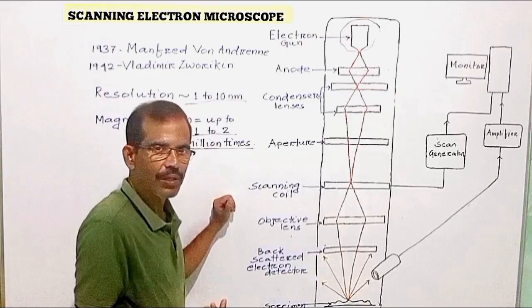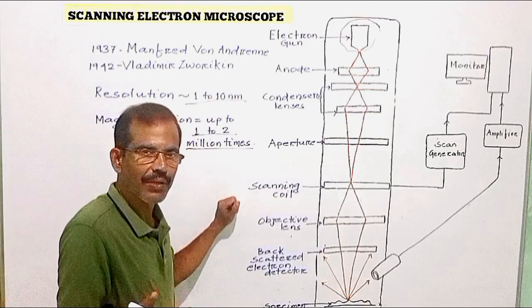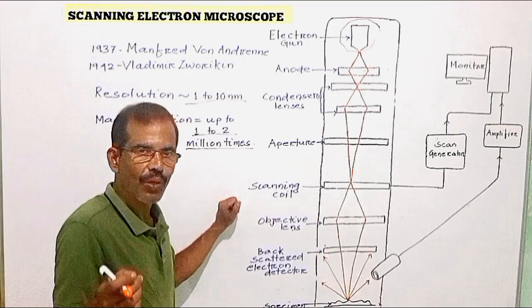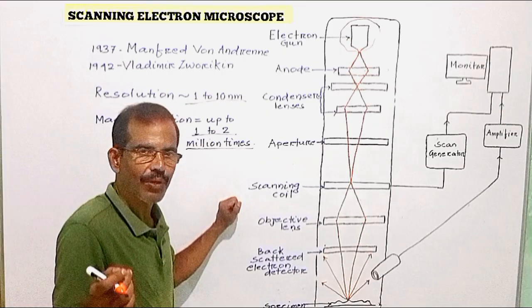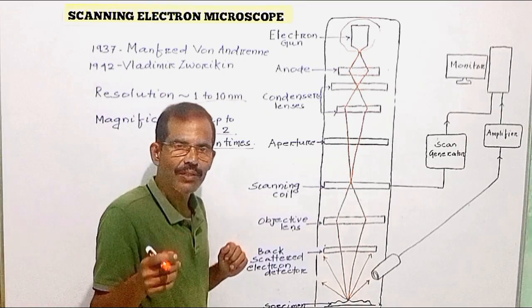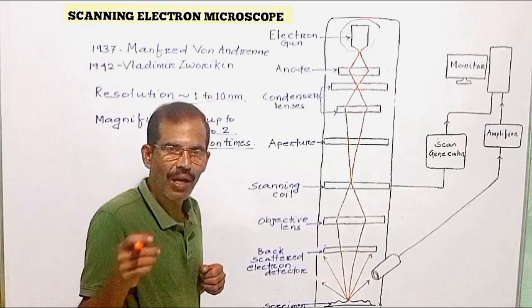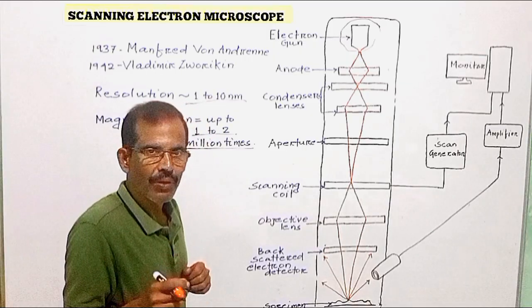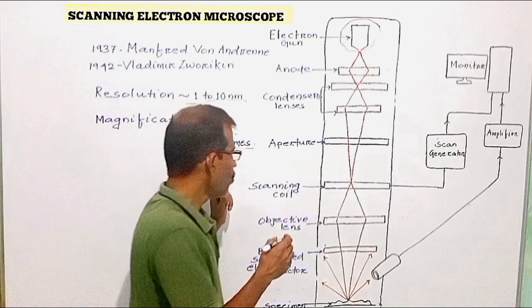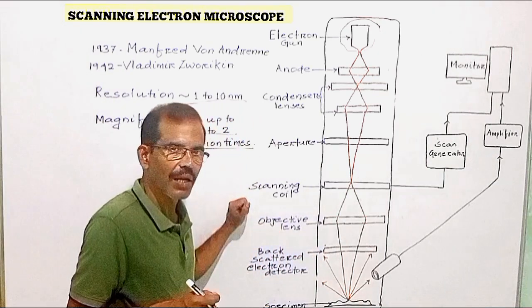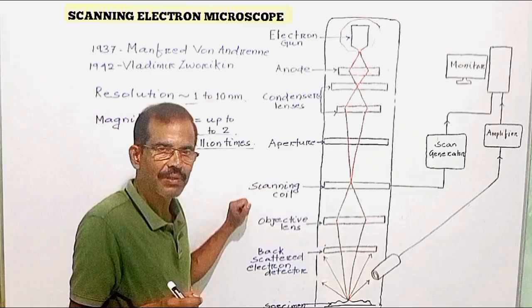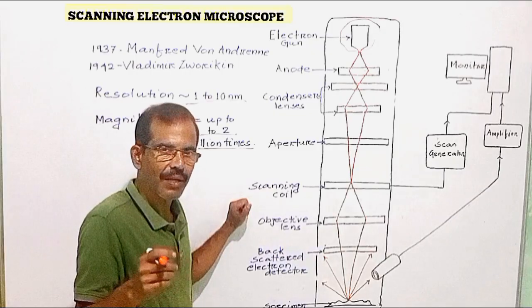There are two coils, the X coil and the Y coil. The function of the X coil is to sweep the electron beam across the specimen surface horizontally from left to right. On the other hand, the Y coil sweeps the electron beam vertically down the sample, forming the raster pattern.